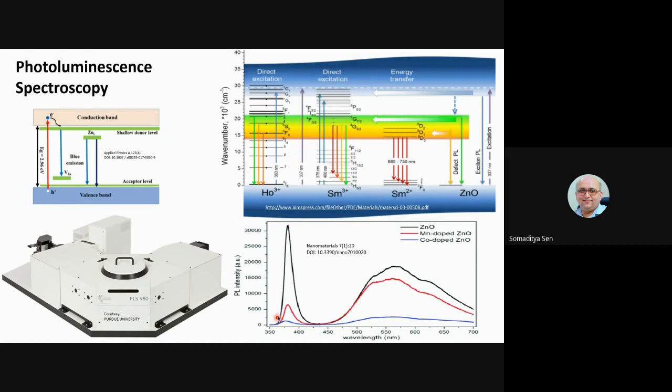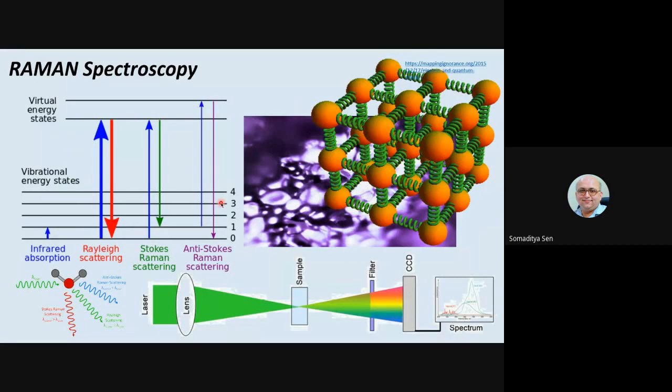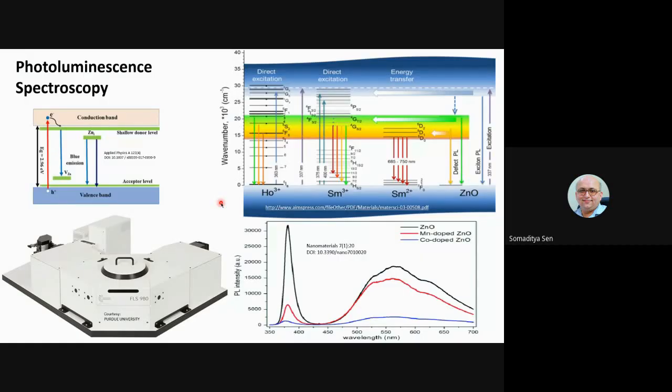So here is an example that you can have a lot of different types of transitions that can happen in between these possible electronic states of the dopant atoms. So not only do we look into the latent states, but we can also have newer states that are generated due to doping. So this is how we try to analyze.